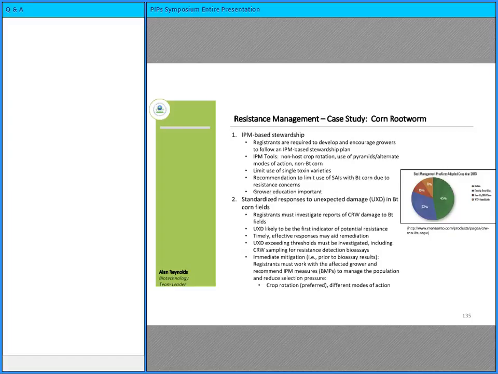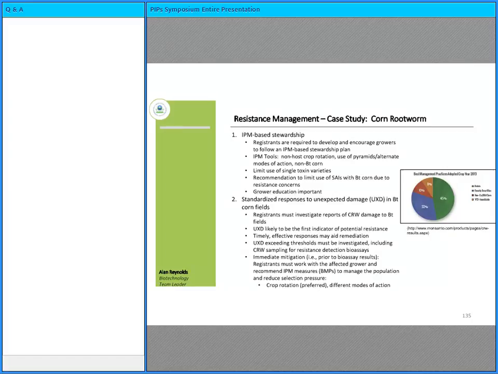Okay, so looking first at the IPM stewardship part. As part of the framework, registrants are now required to develop and encourage growers to follow an IPM-based stewardship plan. The word encourage there is important. This is not a mandate at the grower level.